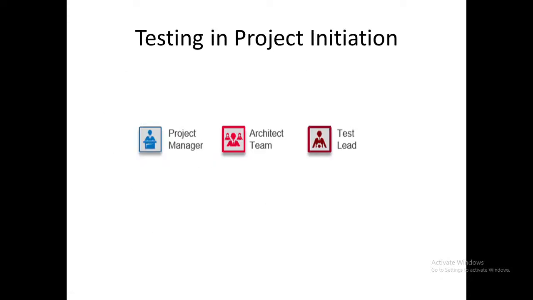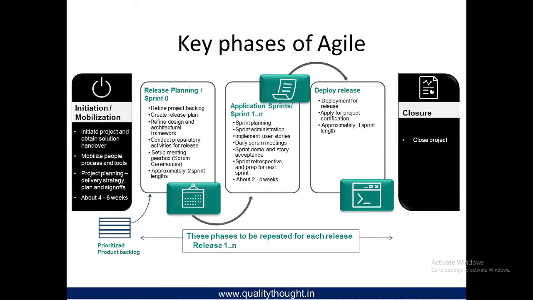What they do is create an agile test plan. In each sprint the testing flow may definitely change, but for the entire project, a high-level agile test plan can be created here.